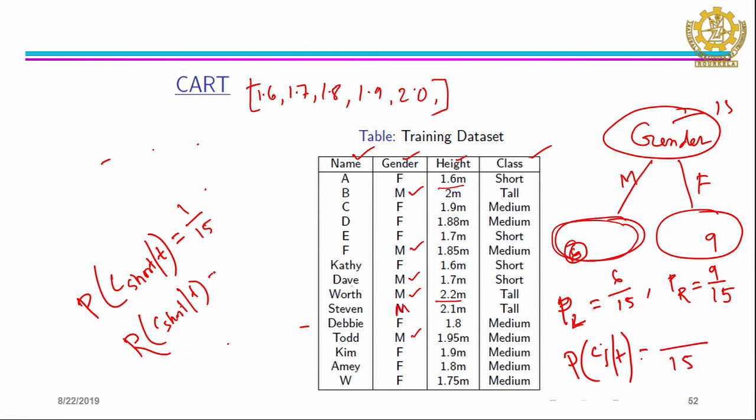C short on the right side. Out of 9, how many objects belong to class short? This is short 1, then this is medium, this is short 2, this is 3. So, 3 by 15. Now, you subtract and take the absolute value. So, you will get 2 by 15.